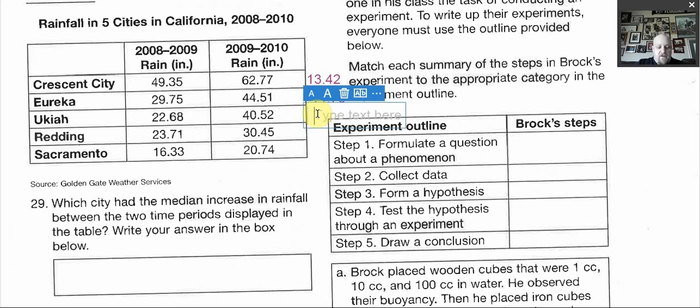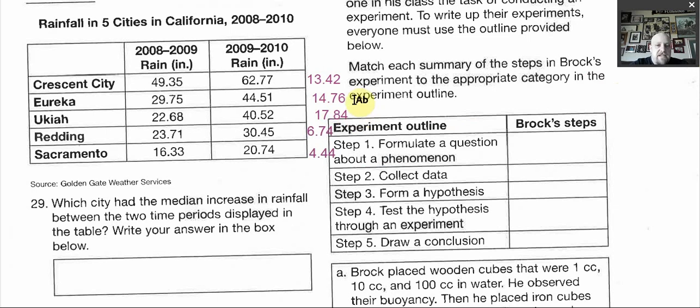Then 40.52 minus 23.71, or I'm sorry, 22.68. 40.52 minus 22.68 is 17.84. Then 30.45 subtracting 23.71, 6.74. And then 20.74 minus 16.33, 4.41.